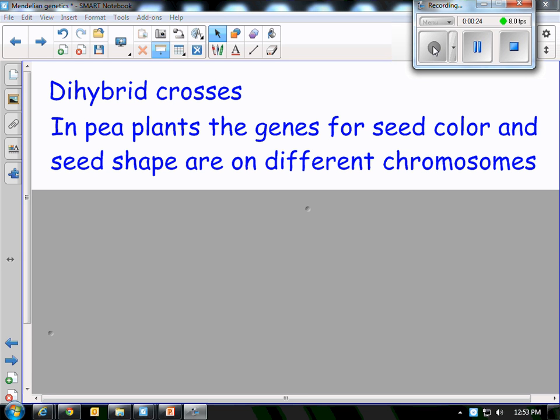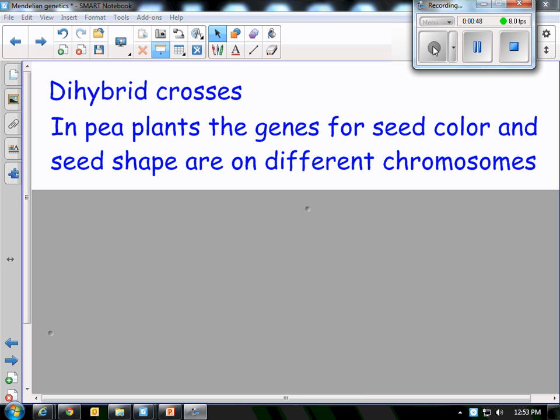In order to teach you this, I'm just going to go through a problem with you. There's a problem that Gregor Mendel did, using pea plants. He deduced that the genes for seed color and seed shape are actually on different chromosomes.